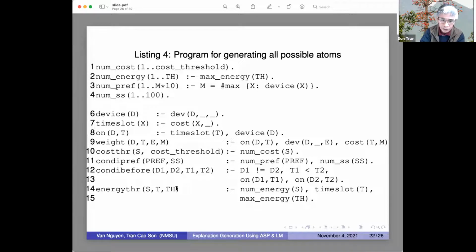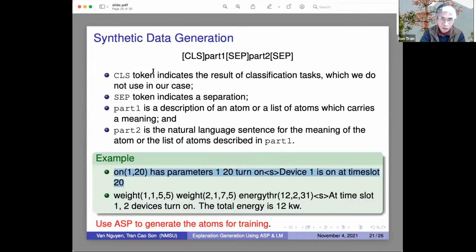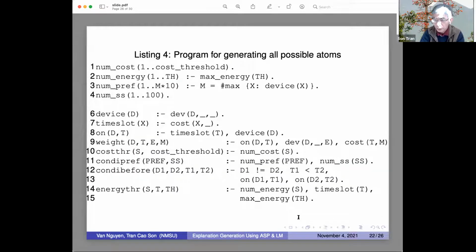So this one basically generates all the atoms that we can generate, and then creates the sentence as we have here, like this pattern, and then keeps it like so, this kind of pattern here, right? And we use basically the transformer and GPT to generate, so to get out.